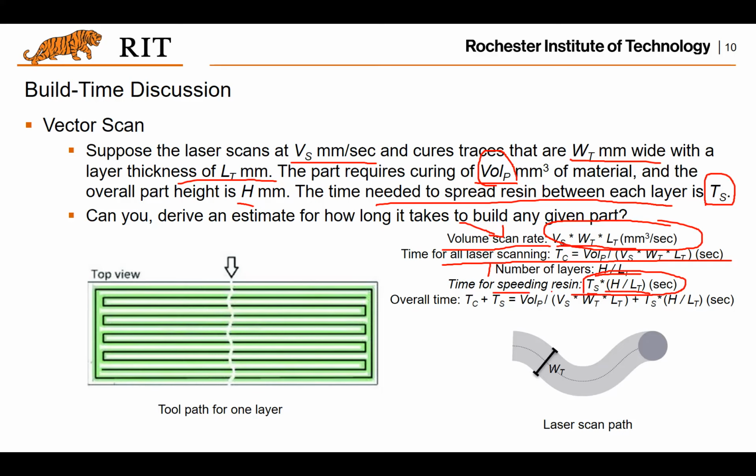It could be the spreading of the resin, or the spreading of the resin plus the separation, so it depends on the process. But no matter how, there is a time required in between the two layers, right? And then you just add this and this together. That will be the overall time to build a part.